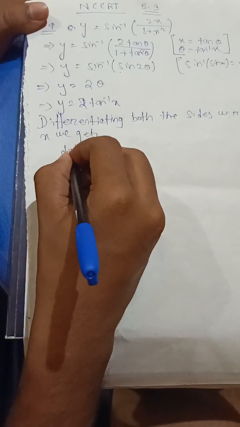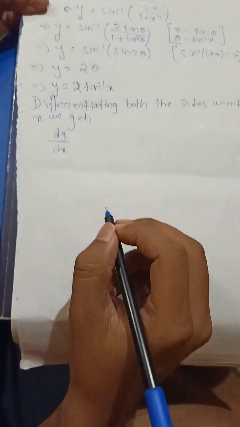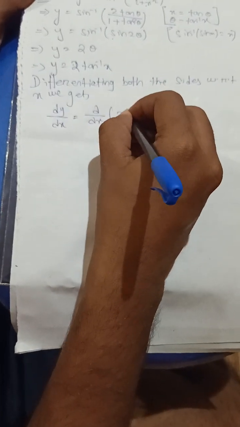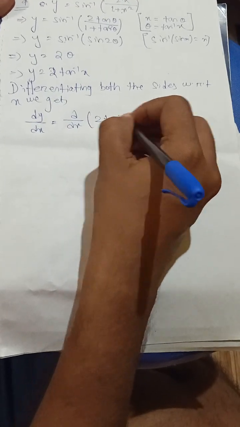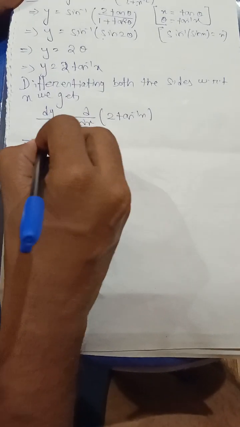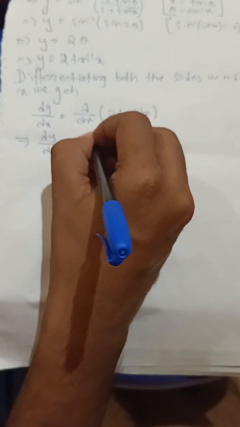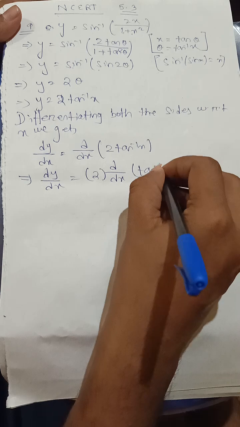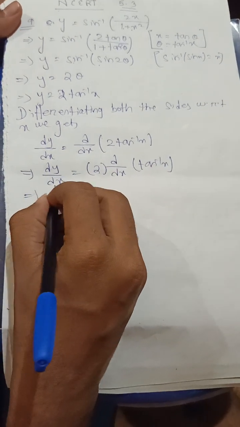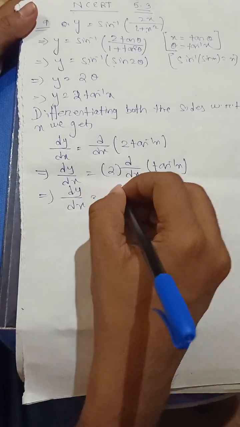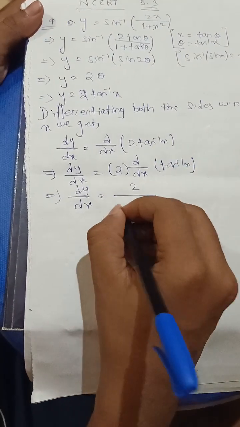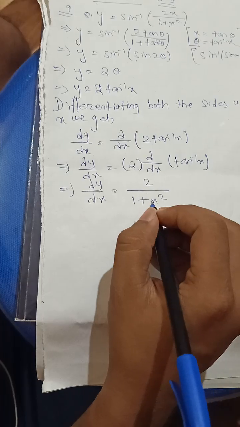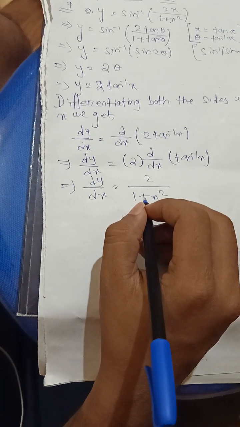We get dy by dx is equal to d by dx of 2 tan inverse x. Dy by dx is equal to 2 constant times d by dx of tan inverse x. Dy by dx is equal to 2 by 1 plus x square, since the derivative of tan inverse x is 1 by 1 plus x square. Okay, solved.